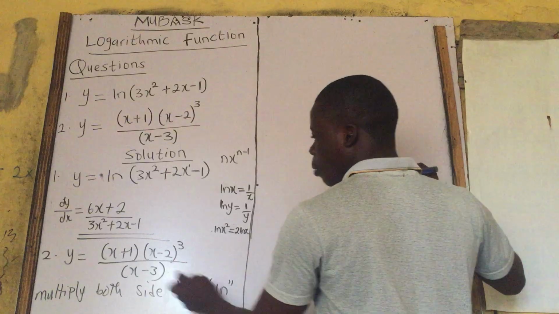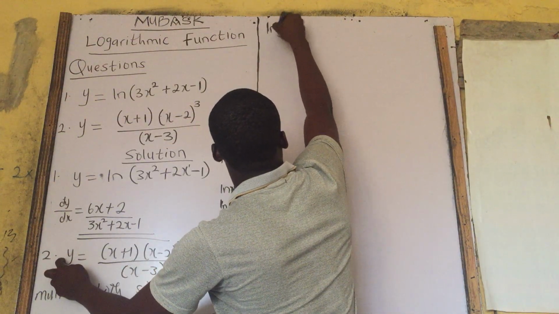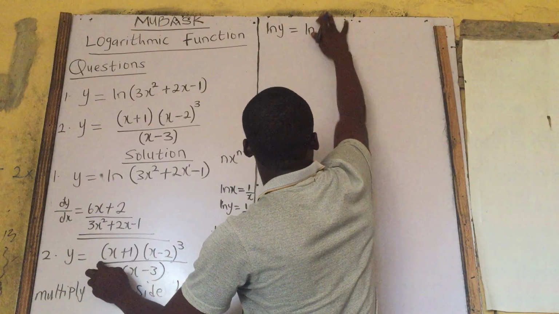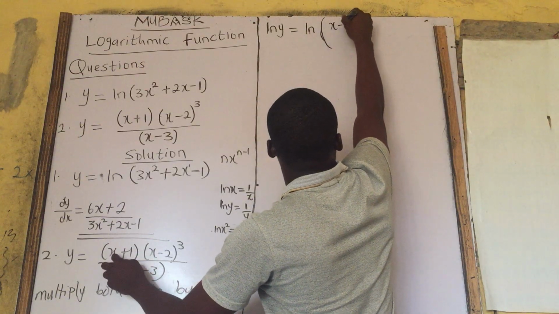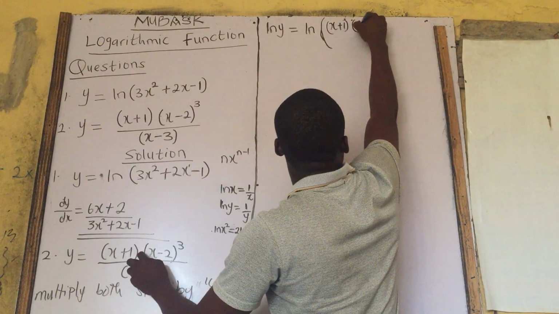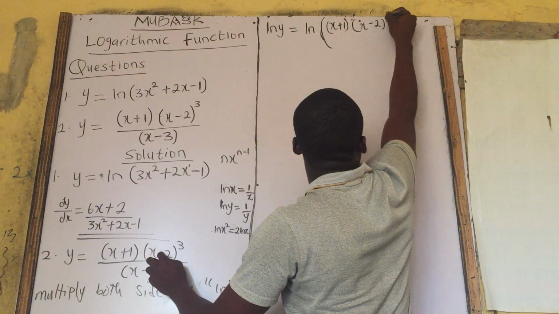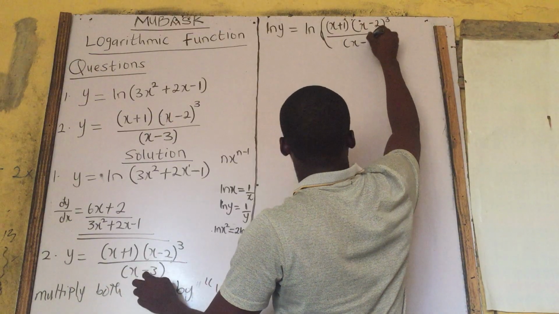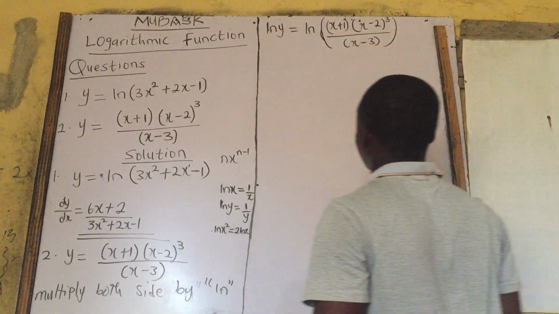Now, if you take both sides by natural logarithm, it gives us natural logarithm y equals natural logarithm of all in bracket x plus 1 all in bracket multiplied by x minus 2 all in bracket raised to power 3, divided by open bracket x minus 3 close bracket all in bracket.